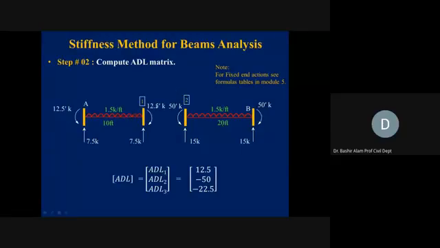Fixed end actions, again, WL square divided by 12. So W is 1.5, times 10 square divided by 12, which is 12.5. We are putting 12.5 clockwise and 12.5 counterclockwise, they are balancing each other, so no unbalanced moment.